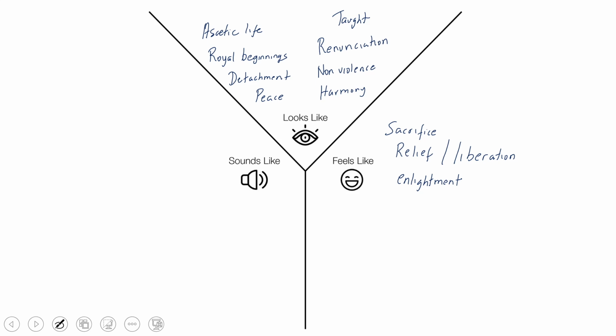Keep the what-looks-like in mind, and now go to the feeling level. What does it feel like? So when you look at harmony, okay, bliss, good. Inner joy. Tranquility, good.